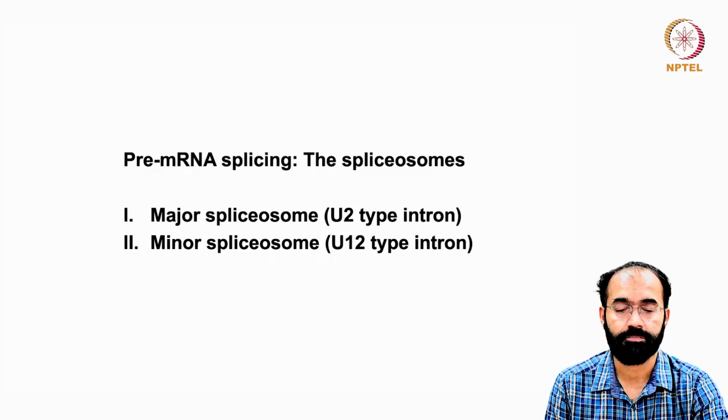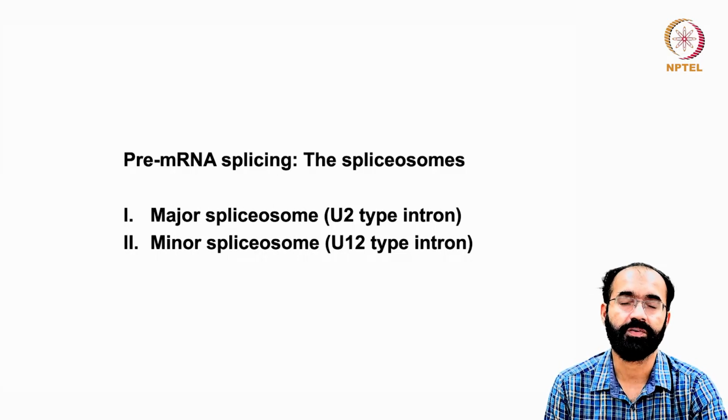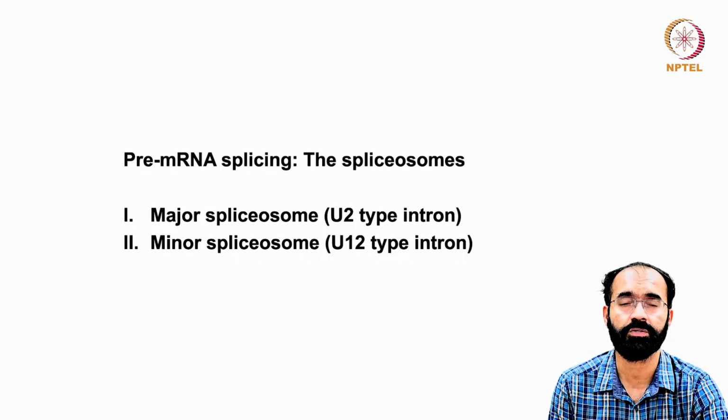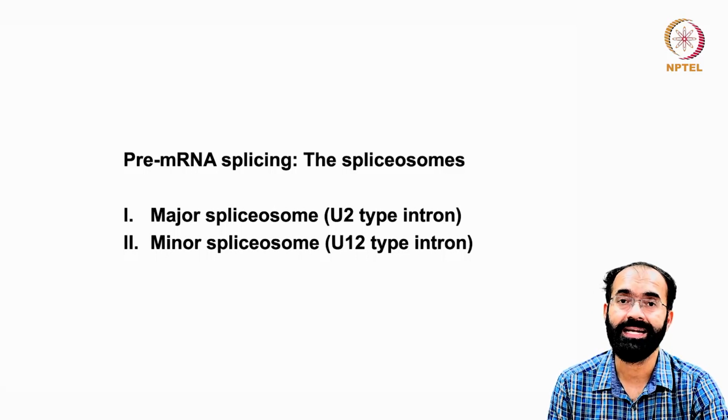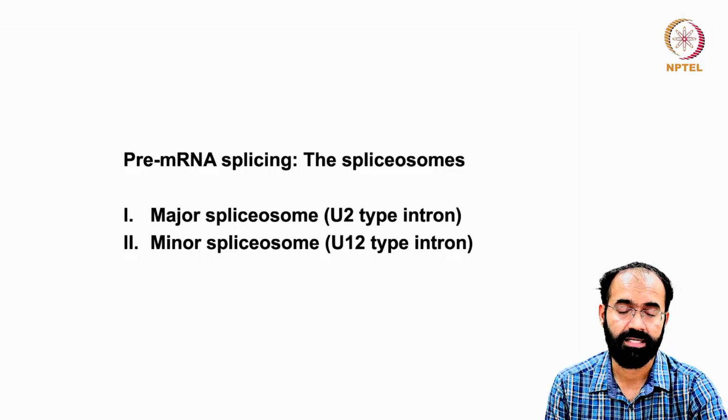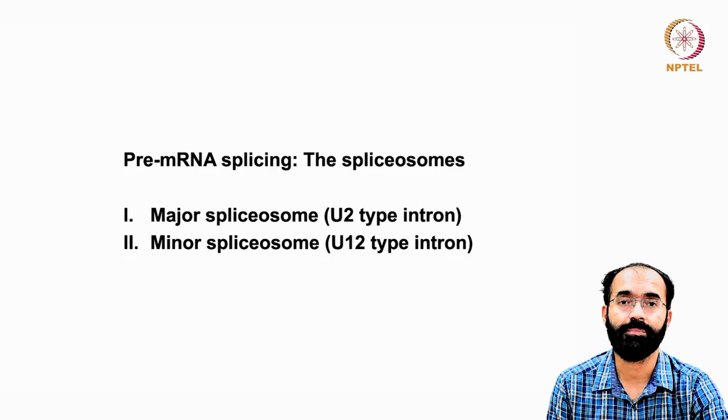The major spliceosome handles the bulk of the splicing, whereas the minor one handles a few. In many universities, you may have heard you can major in some subject and also take a minor in another subject, and major and minor there mean how intensively you are studying that subject. But here, major and minor are named based on prevalence, how frequent it is.